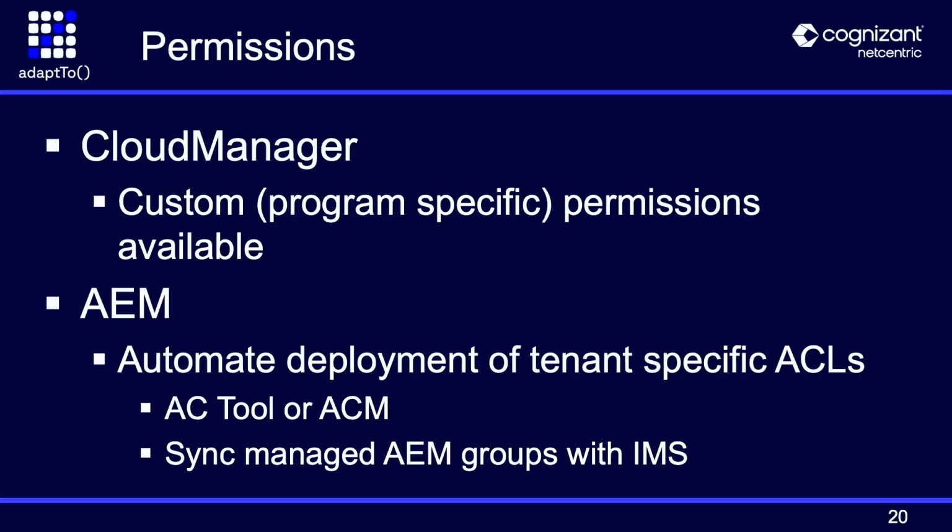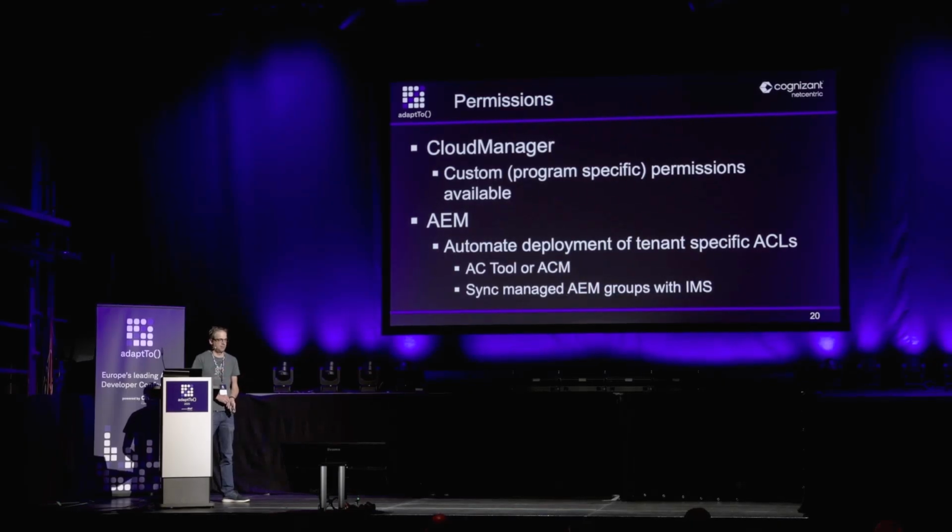And the last thing I want to make you aware of is permissions. You need to keep an eye on permissions. So Cloud Manager, meanwhile, supports program-specific permissions. Those require some manual setup, but they are available. And in AEM, you somehow need to do that manually. So there are different tools for leveraging that. The AC tool has added support for AEMaaCS.